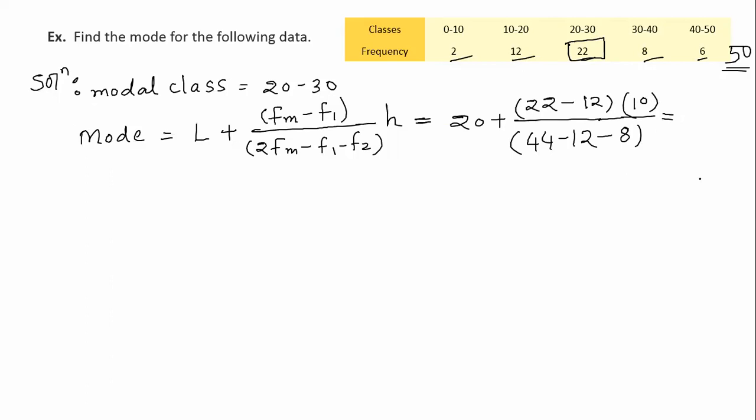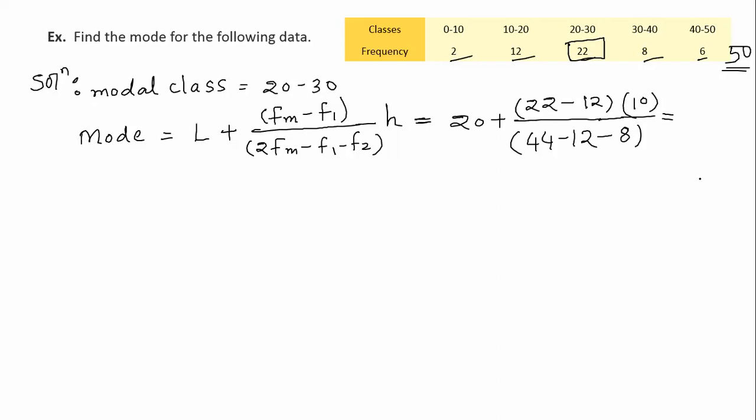So here, if I use the calculator from my mobile, then also I'm going to get the answer. The denominator is 44 minus 20, that is 22. The numerator is 22 minus 12, that is 10. 100 divided by 22, and plus 20.